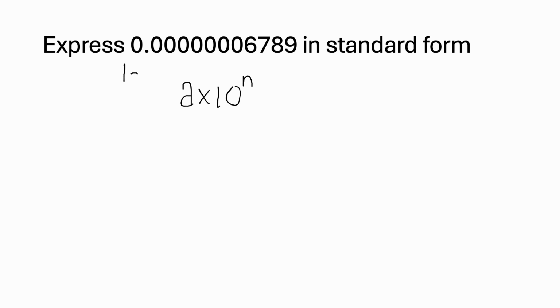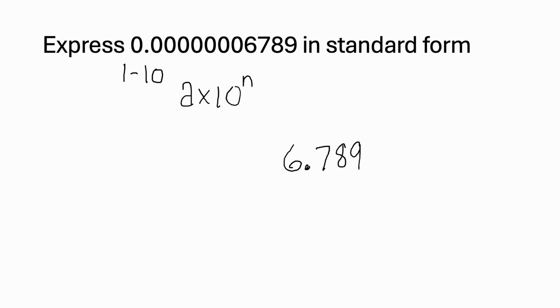Because a needs to be between 1 and 10, the only way we can do that is by putting our decimal place next to the 6. So it'll be 6.789.